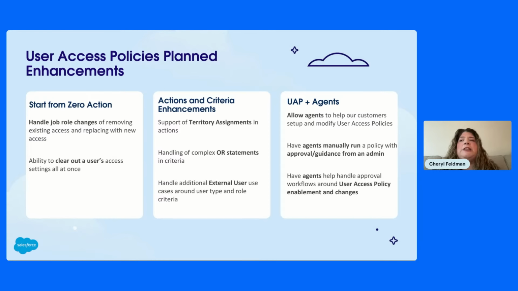That's something we're going to be looking at addressing. And something I don't have on this slide is also looking at how we handle more than one policy at one time. Also, as Elizabeth covered with Agentforce for setup, we're also going to look at helping you create policies, when to use policies, and things like that. So those will be coming in the future.